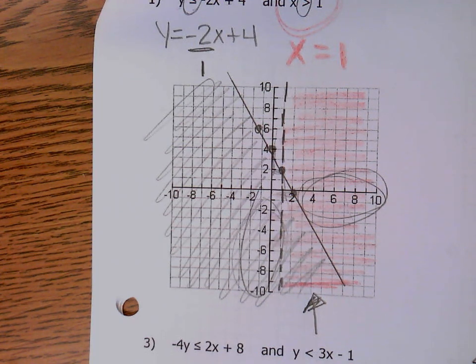Okay, you see, this is my solution region. So can you give me a coordinate inside my solution region? So 1, -2 is close, but it lies on the line.